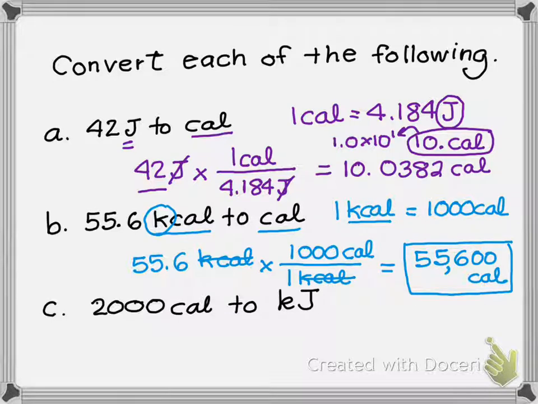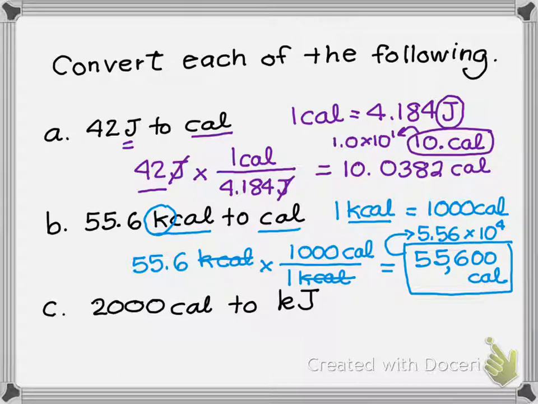You could, I guess, write this in scientific notation, and it would be 55.6 times 10 to the 4th calories. Again, I don't think this would be required, but those two numbers mean the same thing.